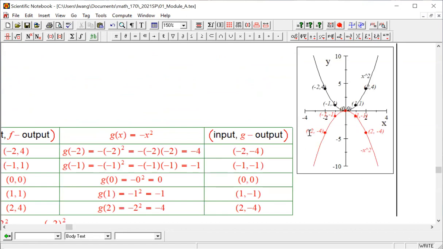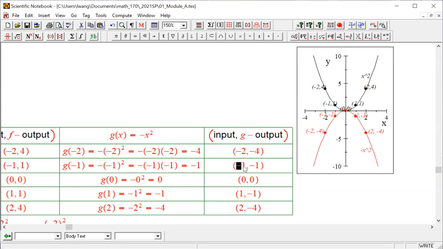When input is -2, the output is -4. For x squared, when the input was -2, the output is +4. So see, for the same input -2, these two rules will give a different output. One is +4, the other one is -4.